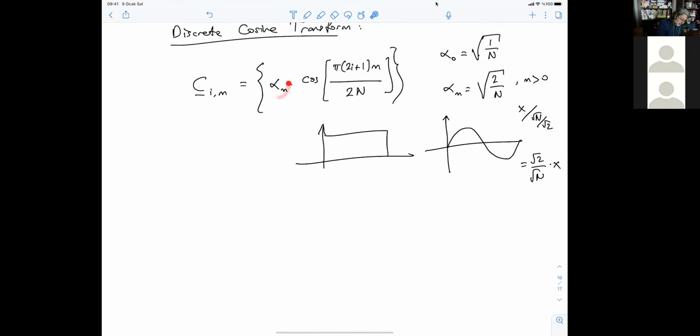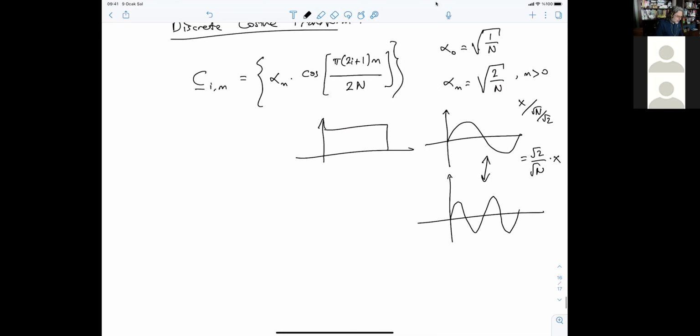That's why this alpha m is separate in these two ways, just the normalization between these two. And of course the others, because the others will have higher frequency, and the norms of these are all the same. They are all divided by square root of 2. Okay, this is the discrete cosine transform.